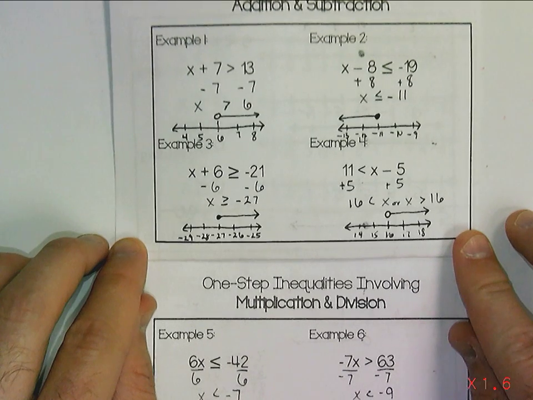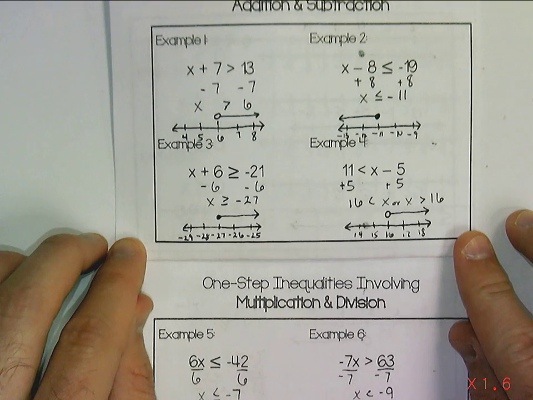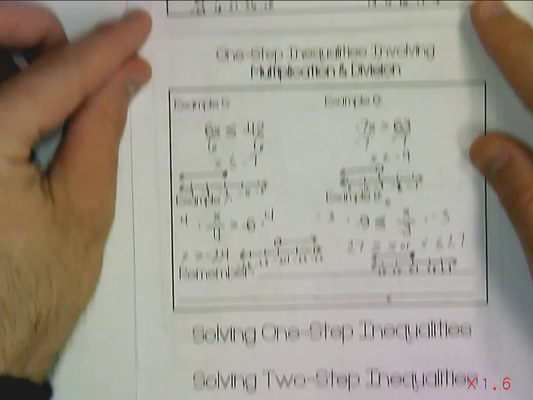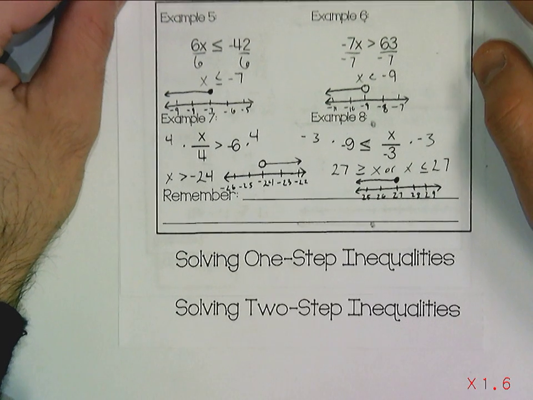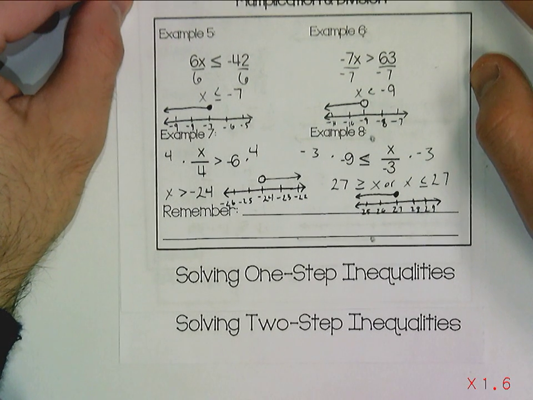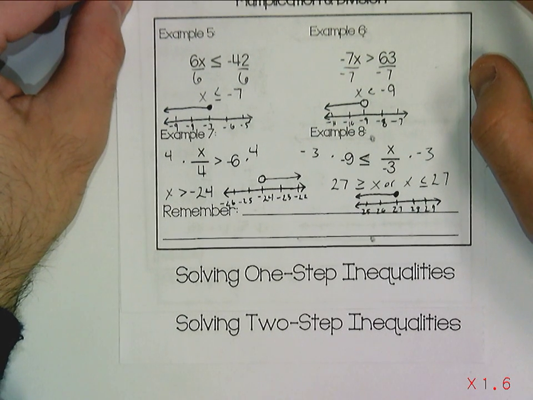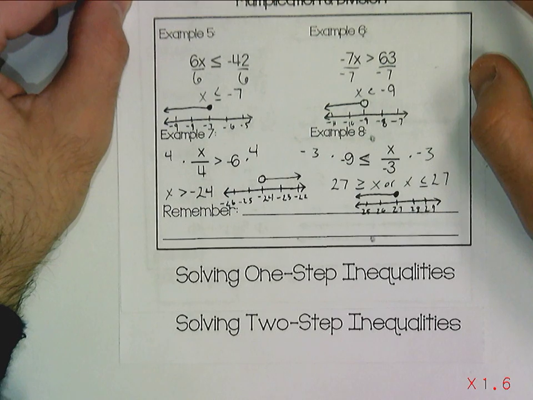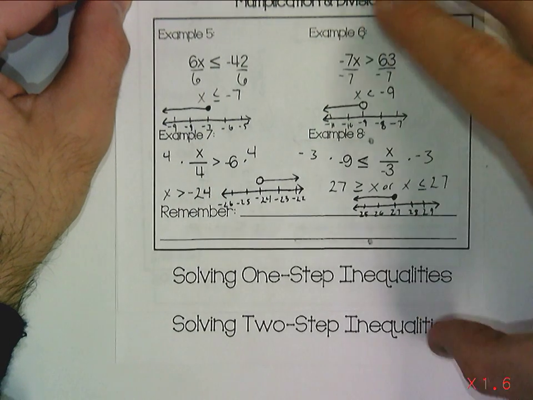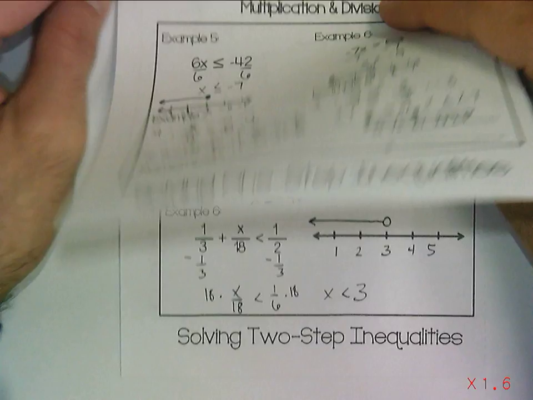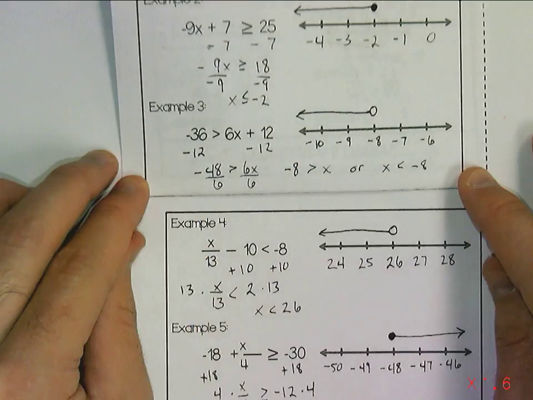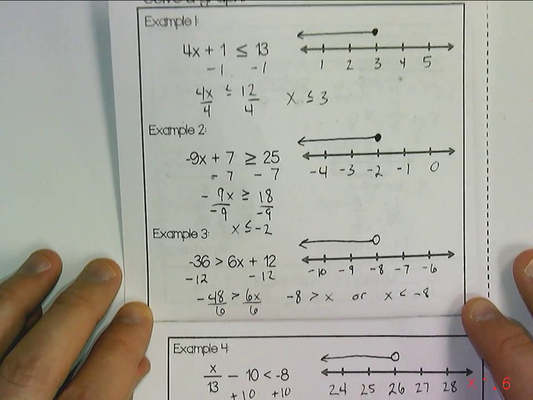I can zoom in a little bit more to make it, yep, that works. So double check those. Double check these here. Make sure that your inequality symbol is going the right way. And last but not least, here's all your two-steppers.